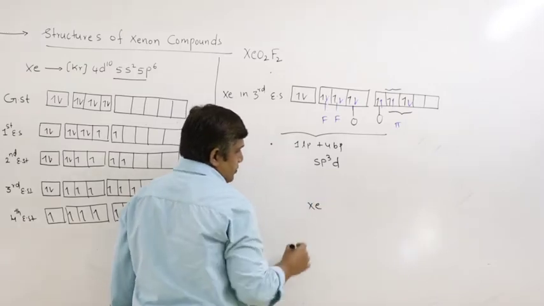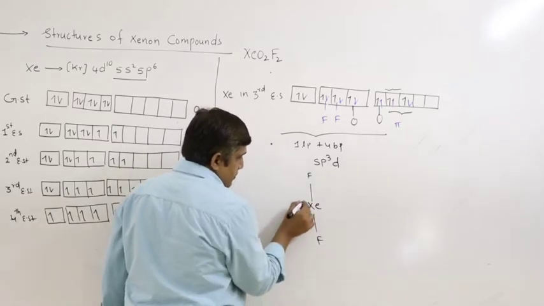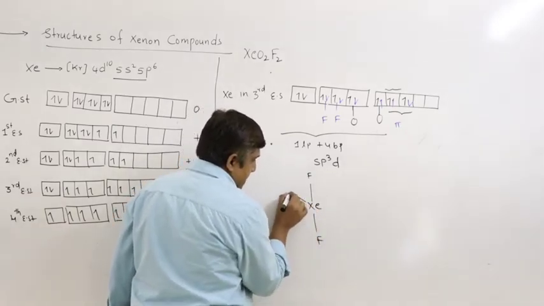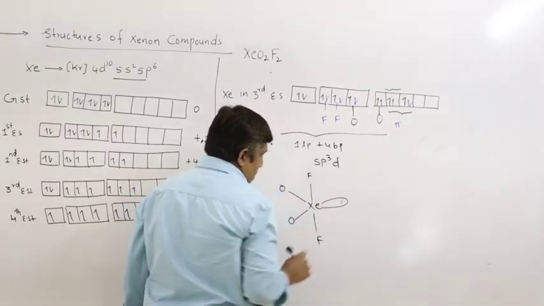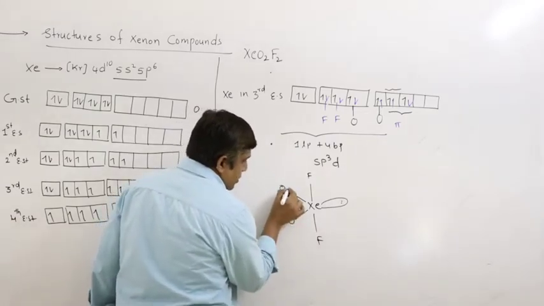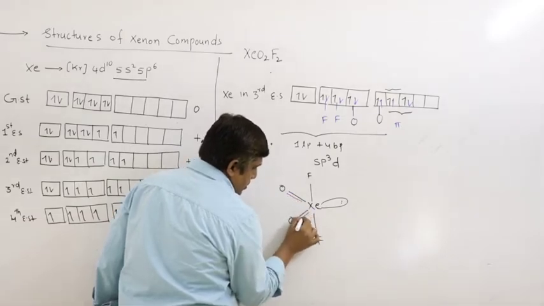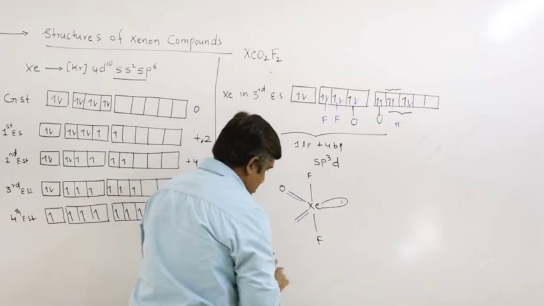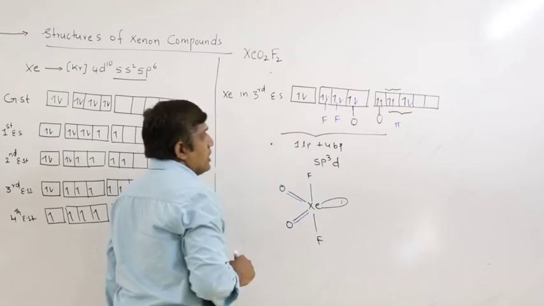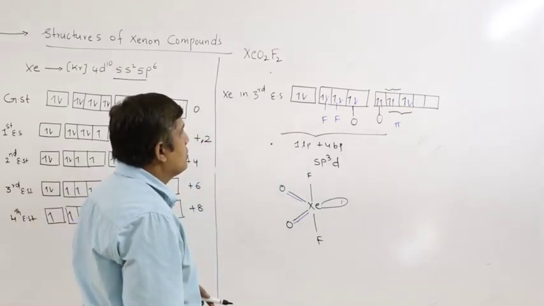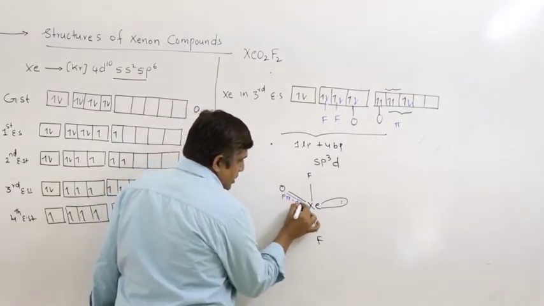So xenon, this is one fluorine, another fluorine, oxygen, and here you have lone pair. So this is the pi bond, this is the pi bond. Right. So dπ-pπ, oxygen uses p orbital, xenon uses d orbital.